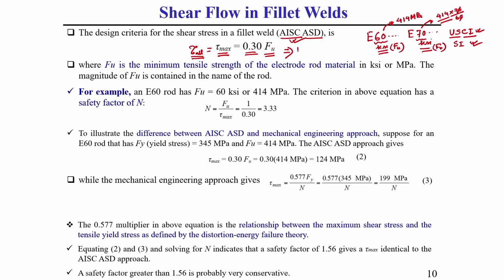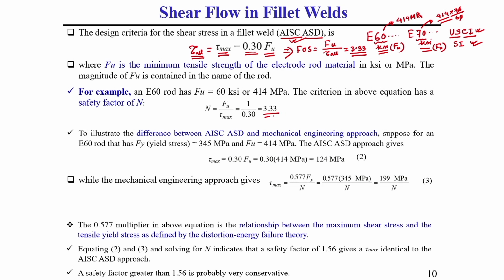We know factor of safety equals, that means, divided by the allowable stress of the material. So from here we can get a factor of safety based on this standard, you can write it as Fu divided by tau max or tau allowable, which gives 3.33. Keep this in mind, it is already written here.